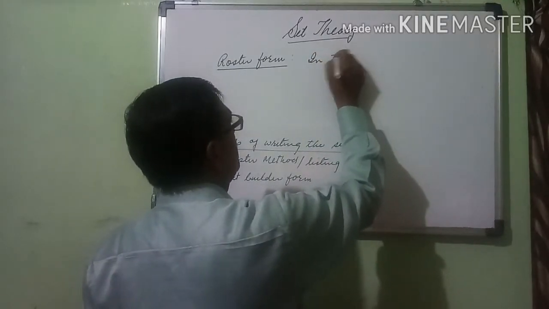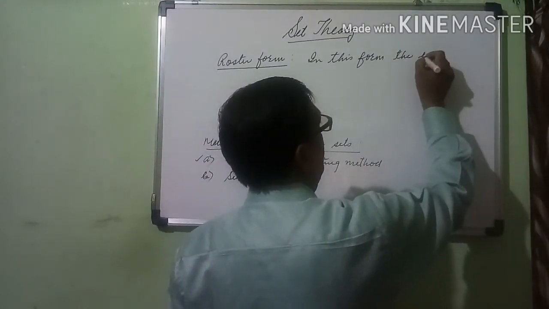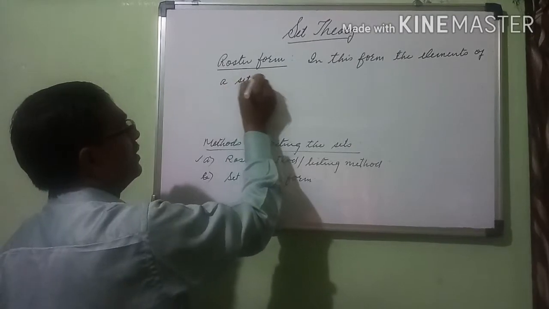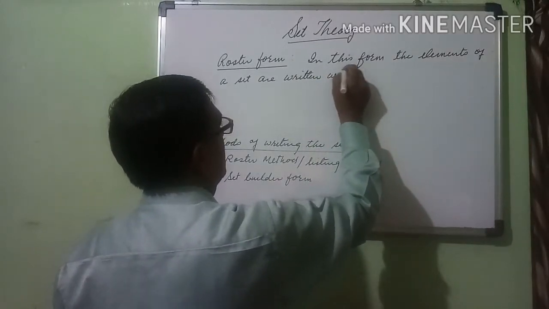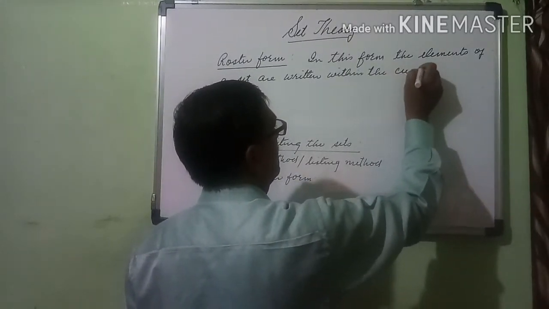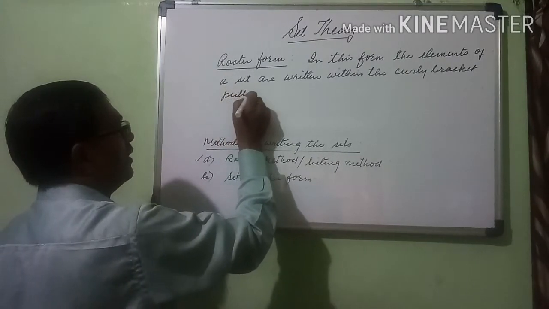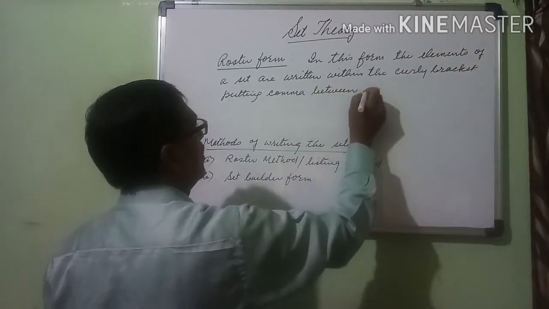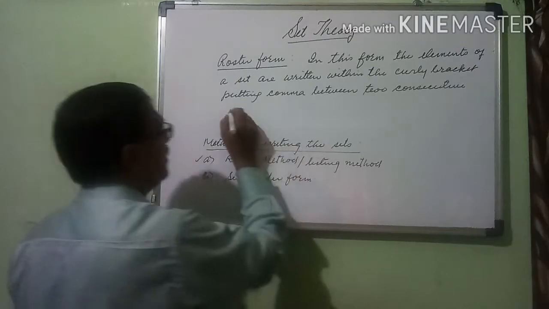In this form, the elements of a set are written within the curly bracket, putting a comma between two consecutive elements.